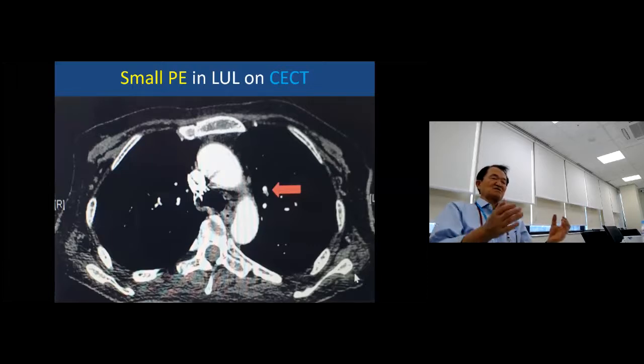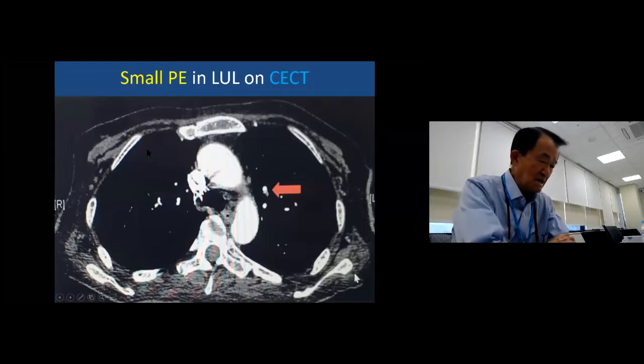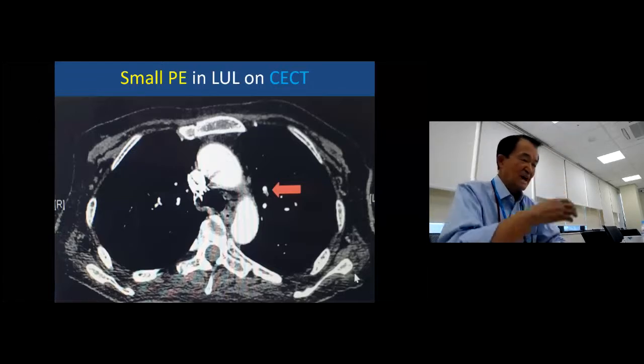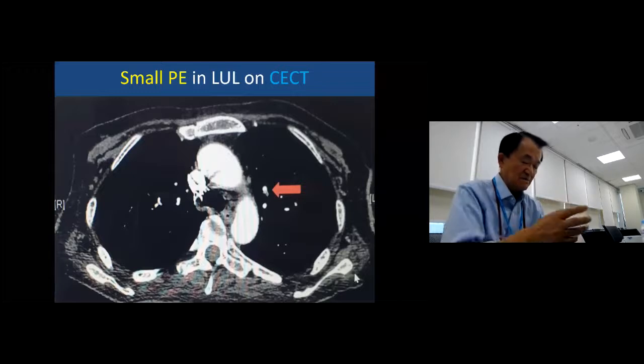So there's a continuous argument. No one knows which one is better. That's why nuclear medicine has a well-known statistical value, high probability, low probability, etc. And I will mention it soon.